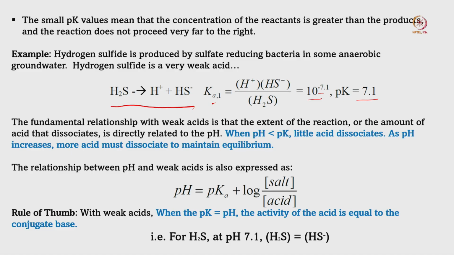Now, how do we understand that in any aquatic system? The fundamental relationship with a weak acid is that the extent of this reaction can be understood relative to the pH of the system.